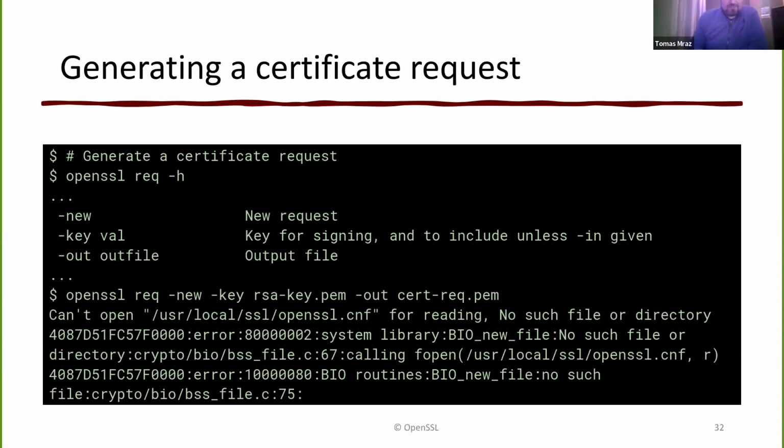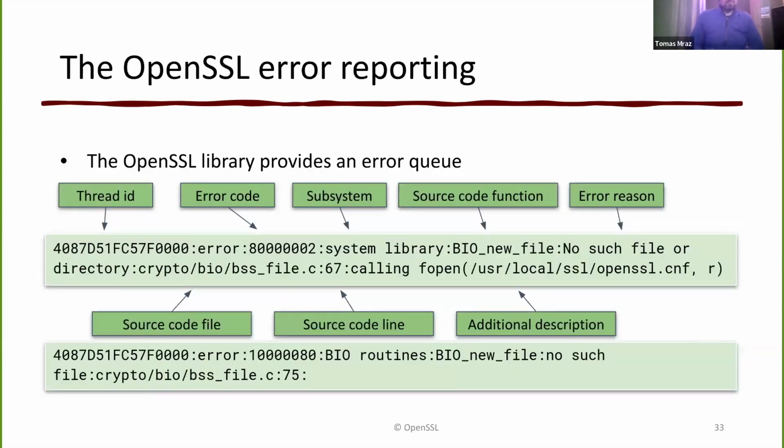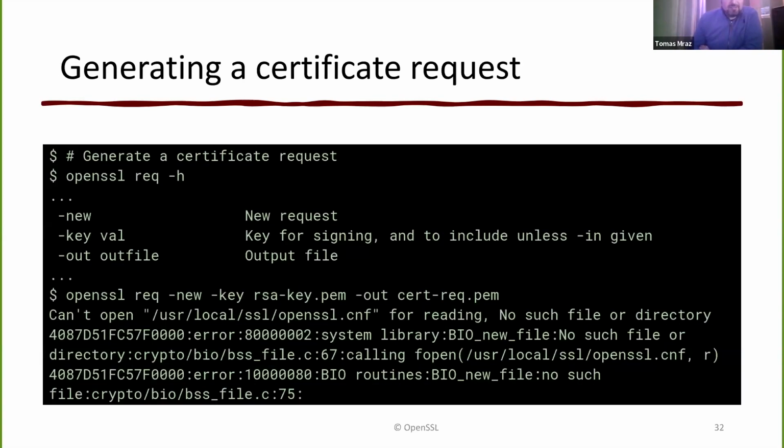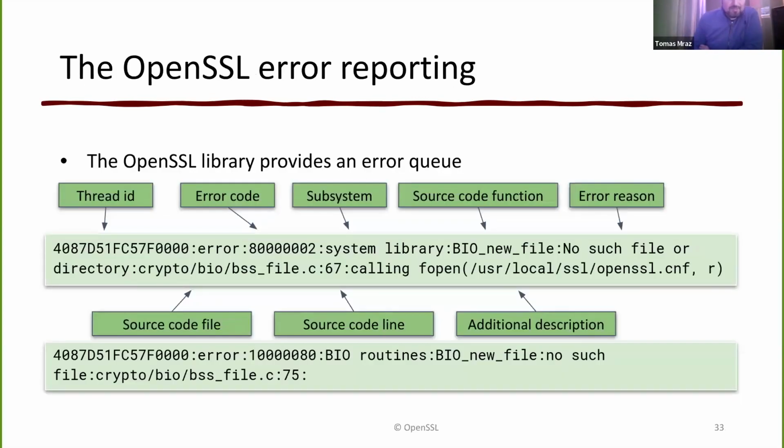So we have a short intermezzo about OpenSSL error reporting here. The OpenSSL library provides an error queue, and so there can be multiple errors, as we can see here. We actually have 2 errors here. Let's look at what those strange things here mean.